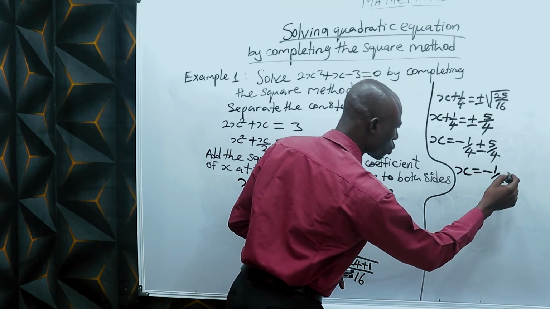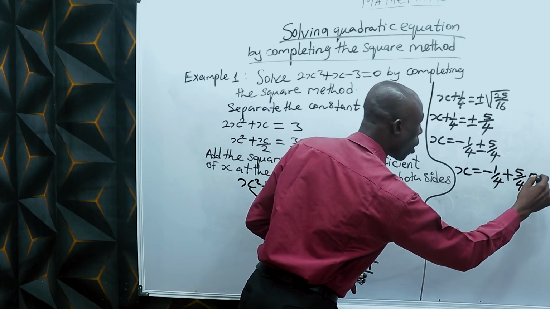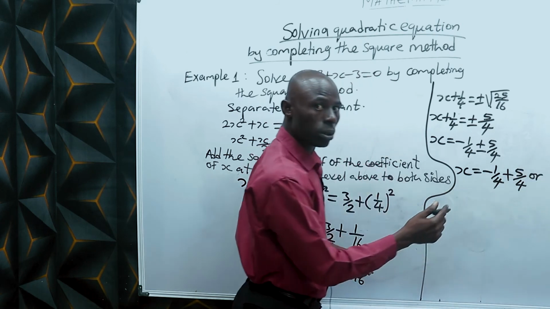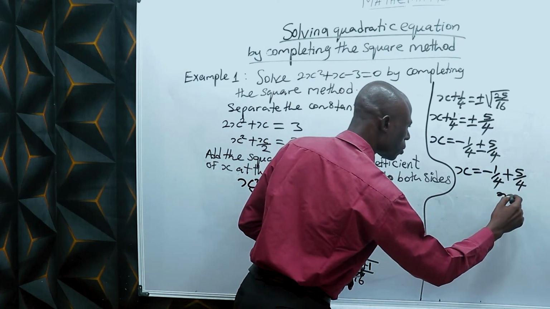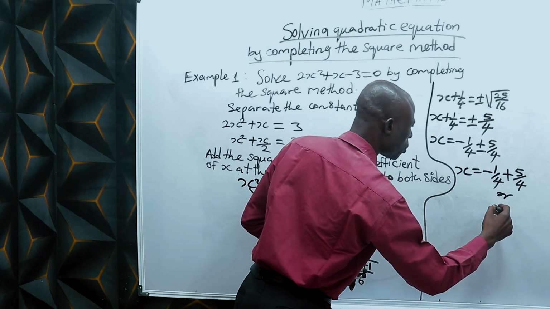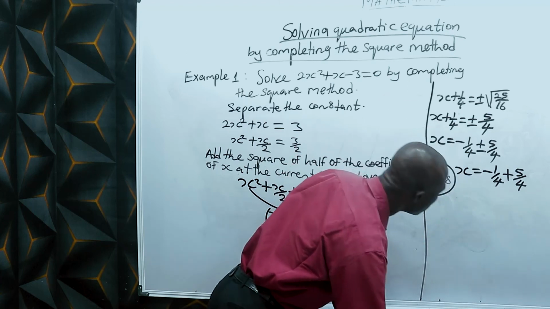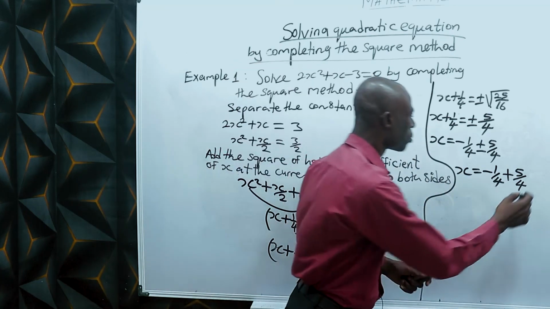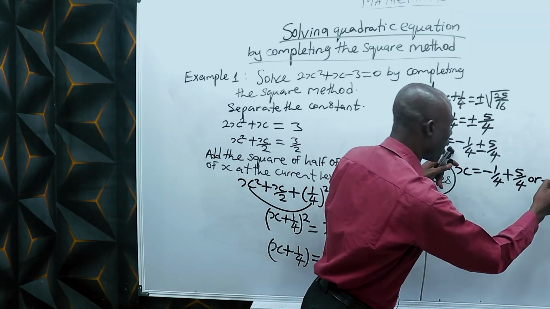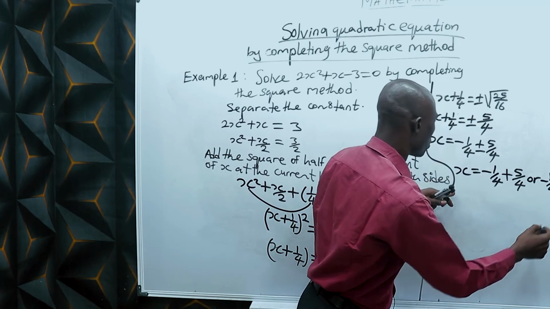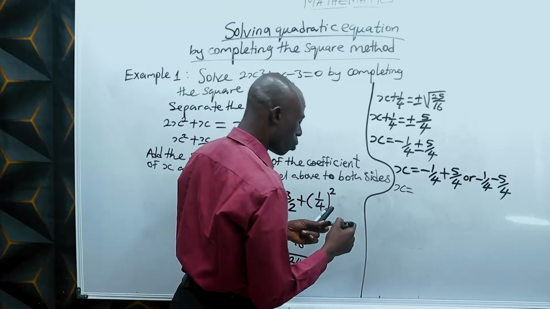In this plus or minus, you take plus at a time, plus 5 over 4, or minus 1 over 4 minus 5 over 4.